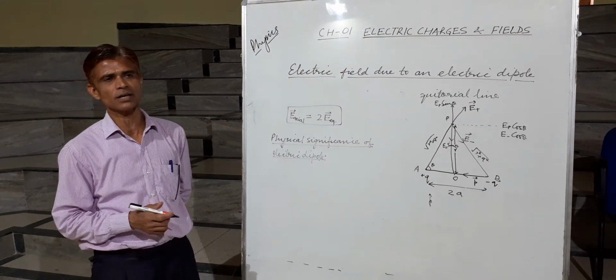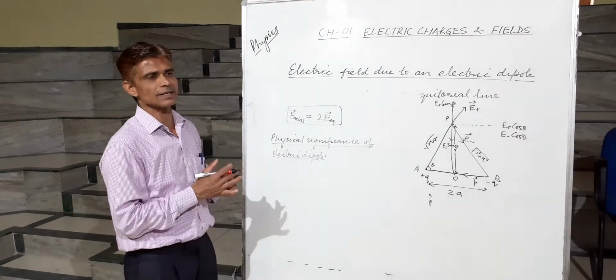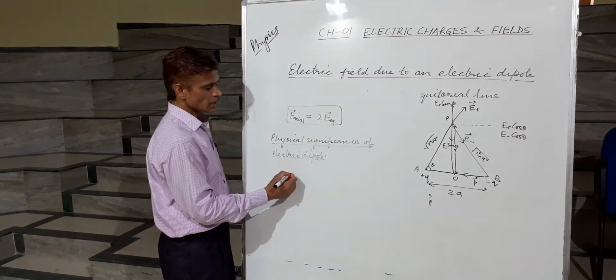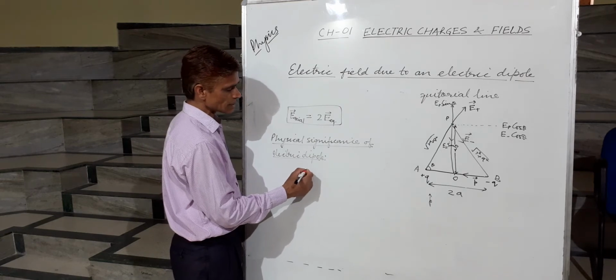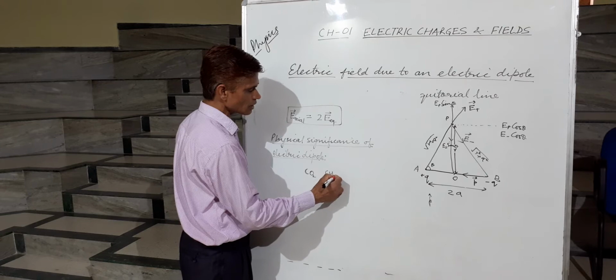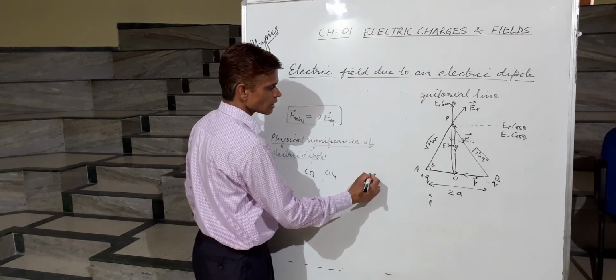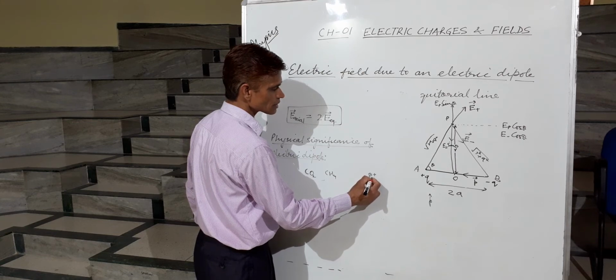In some of these molecules, the centers of positive and negative charges may coincide, like the molecule of CO2, the molecule of CH4. Center of positive charges and center of negative charges both coincide on each other.